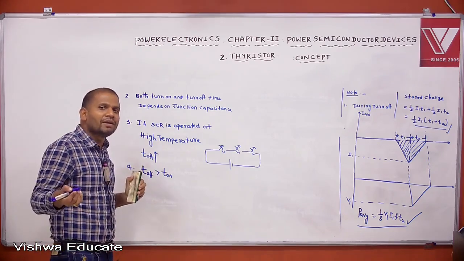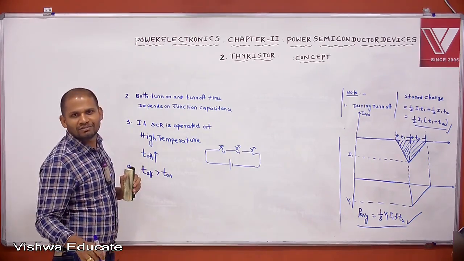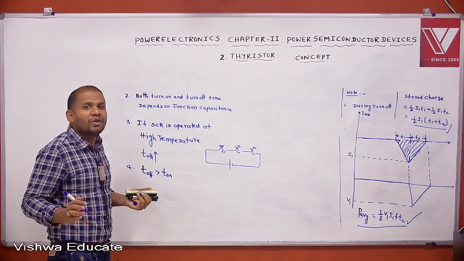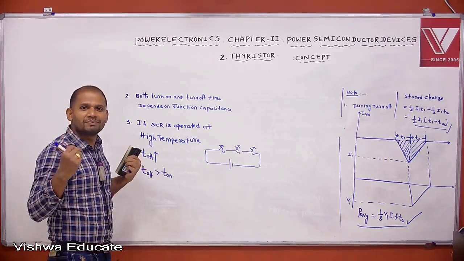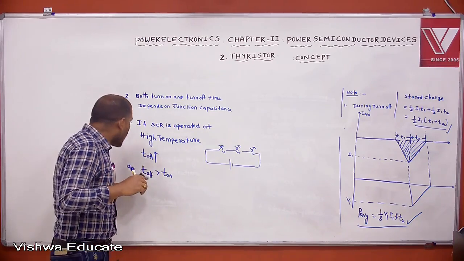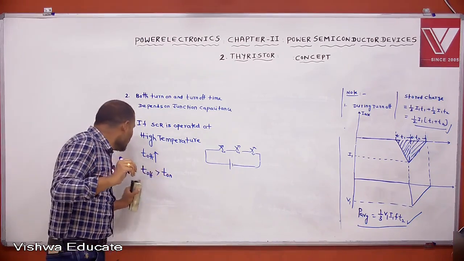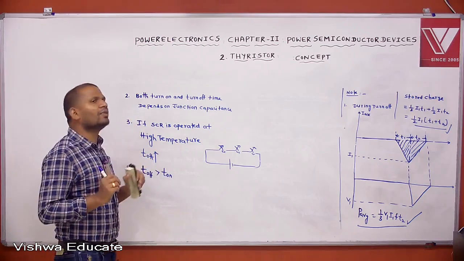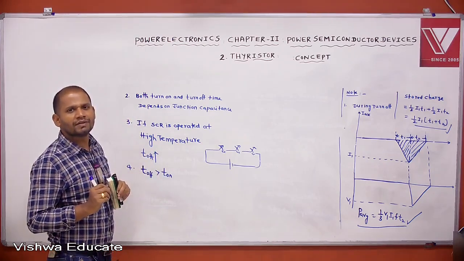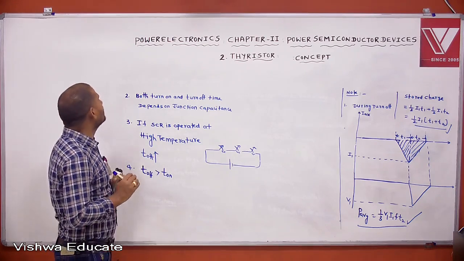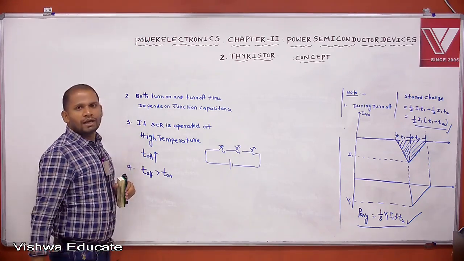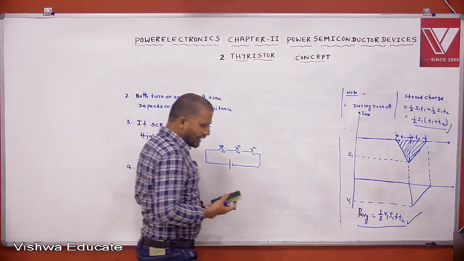Turn on is nothing but you want to close one junction. Turn off is nothing but you want to open 3 junctions. That's why off time is always greater. Just for understanding, I gave a point for remembering: always turn off time is greater than turn on time. Okay, this is about turn off characteristics or switching characteristics.